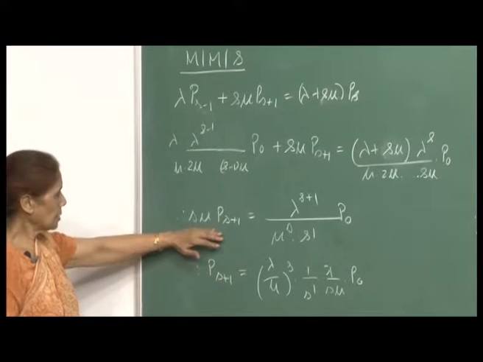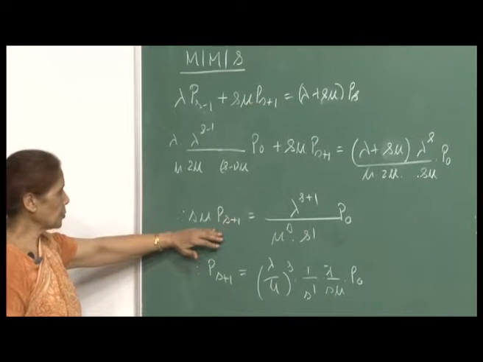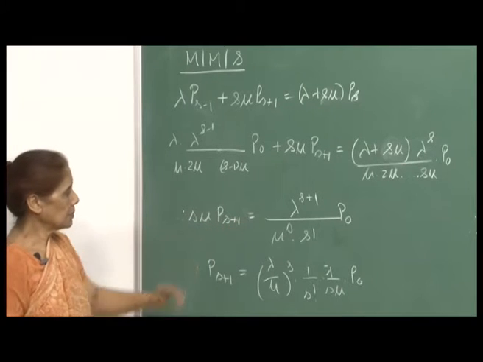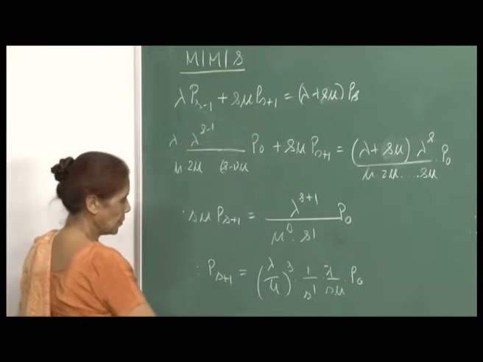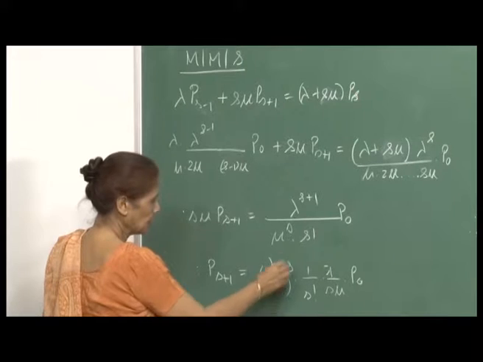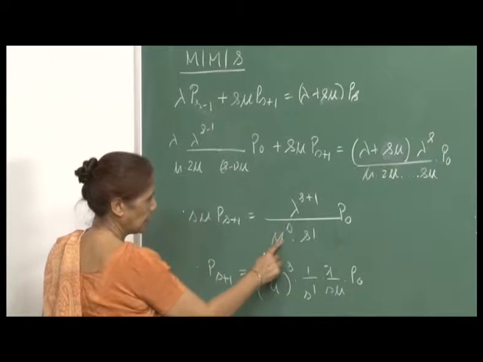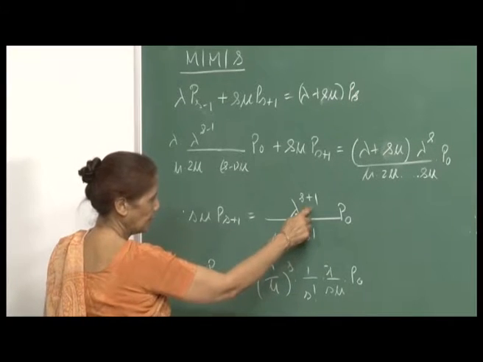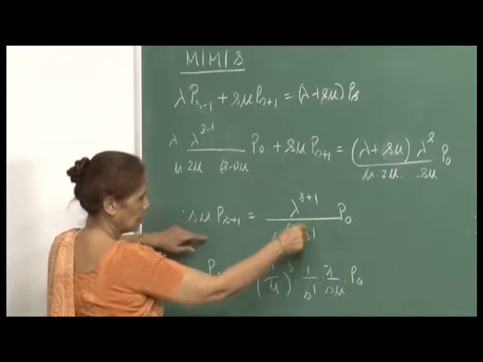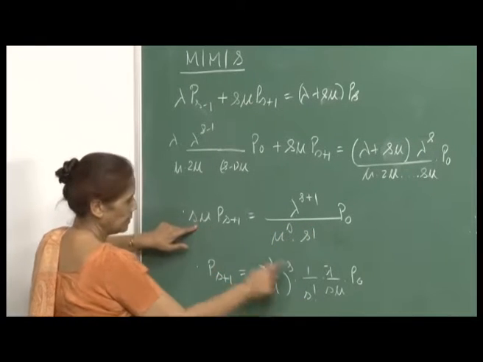That gives you s mu into P(s+1) equal to this, and therefore P(s+1) will be (lambda by mu)^s, and a lambda, upon s factorial, divided by s mu.